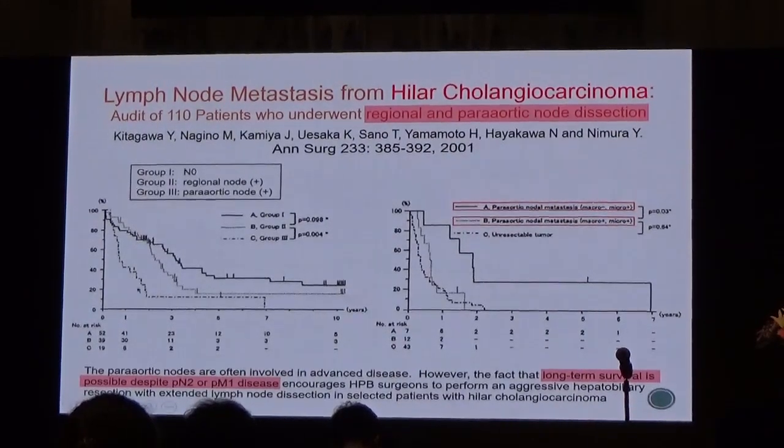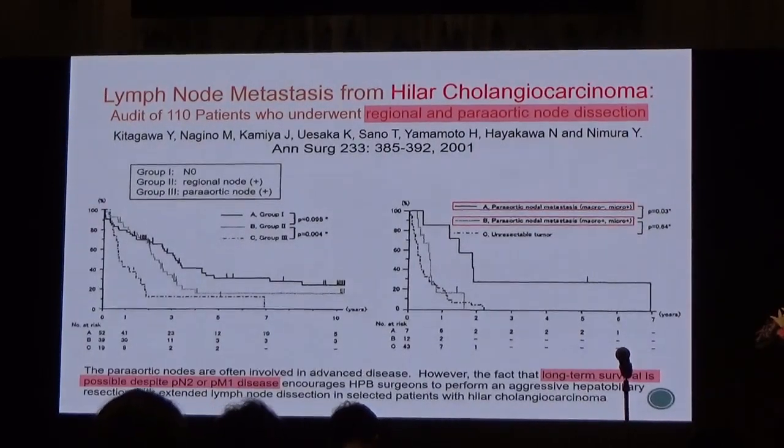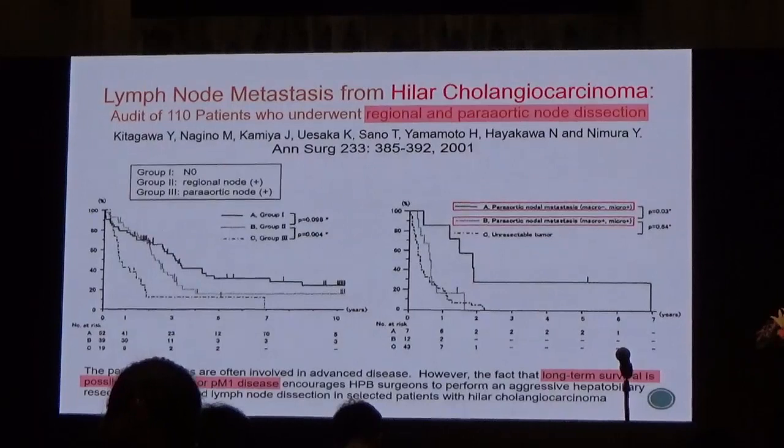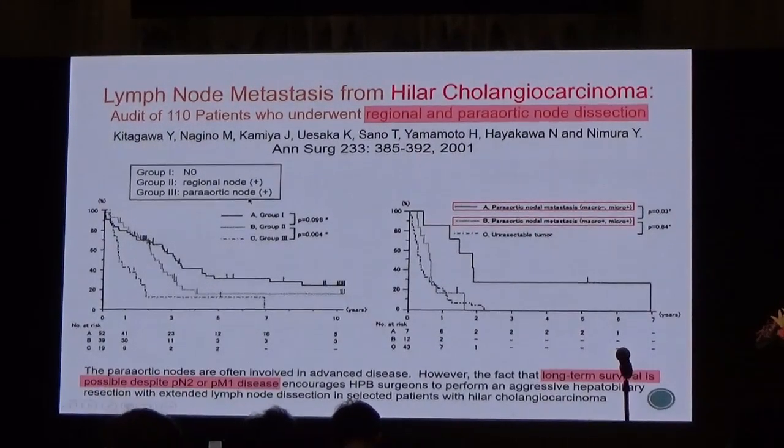Anyway, the positive para-aortic node metastasis is not so bad here. Looking at positive para-aortic node metastasis, Group A is microscopic metastasis but macroscopic negative. Group B is both microscopic and macroscopic metastasis.